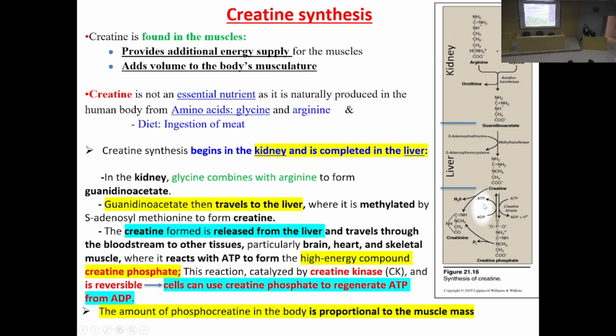Clear? All right, so you have to keep in mind also that as much as you have muscle, your body synthesizes creatine. It is proportional. We don't have the same amount, it depends on your muscle mass.